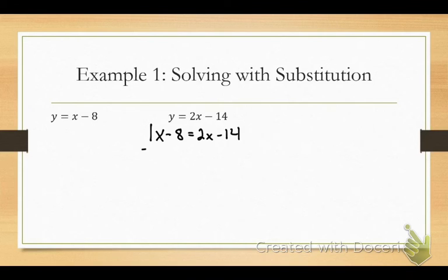Minus the 1x. All right, so that cancels it on the left side, and I subtract it from the right side. All right, now let's bring everything down. Negative 8 equals 1x minus 14.